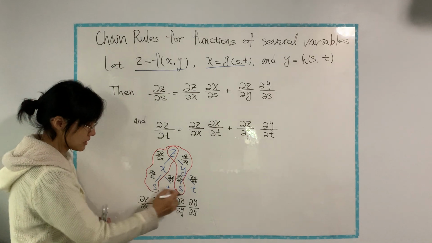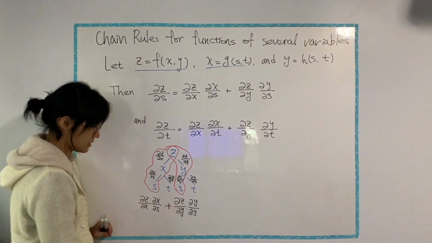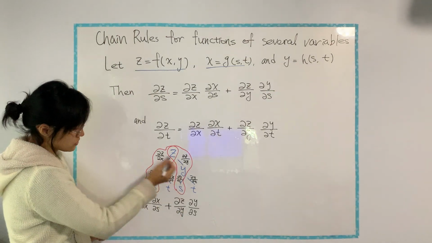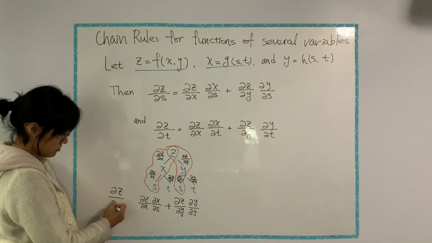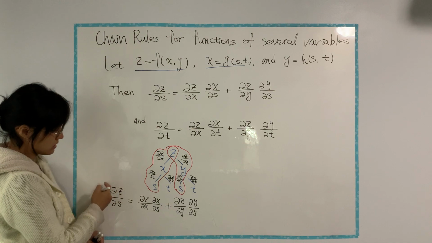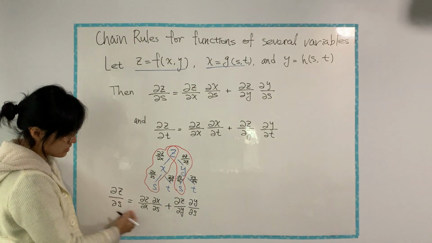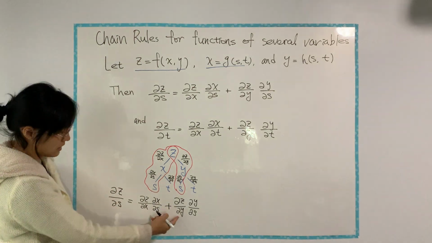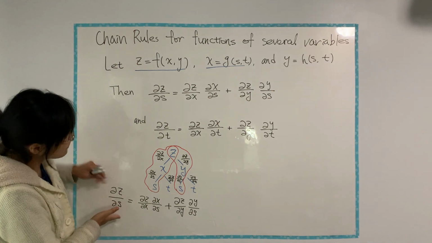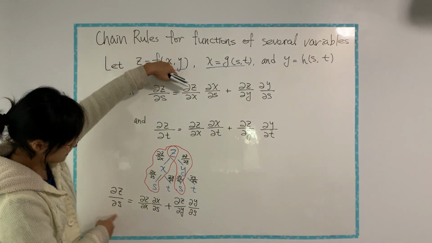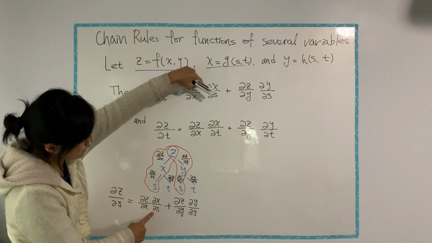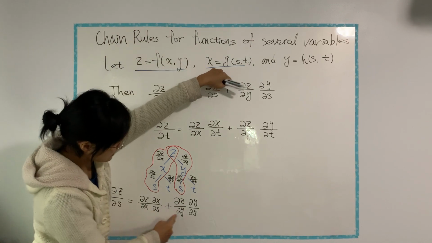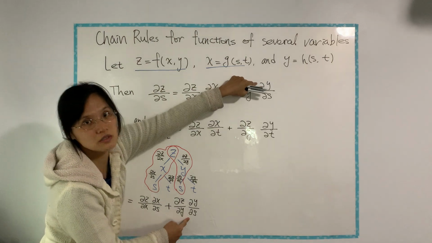And if it's different branches, I add them up. So these are the branches that connect z to s. So dz ds is equal to this formula. Now if you compare what we have here and what we have here, you can see it's the same. dz dx, dx ds, dz dy, dy ds, like that.